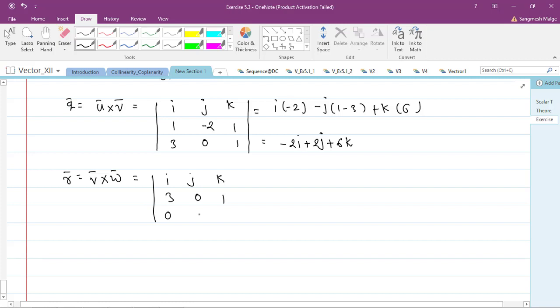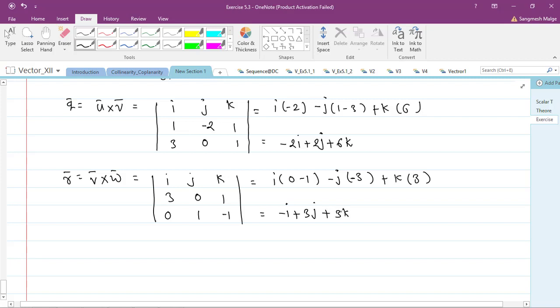So this is equal to i into bracket 0 minus 1, minus j into bracket, sorry, minus 3, it's not plus 3, it is minus 3, and k into bracket 3. So this is equal to minus i plus 3j and plus 3k.